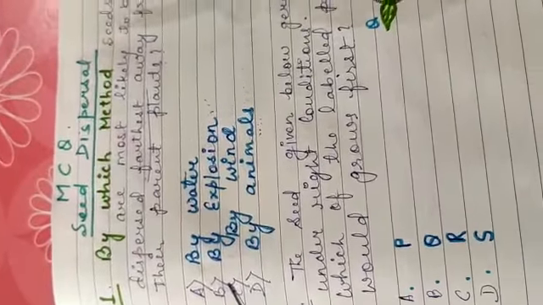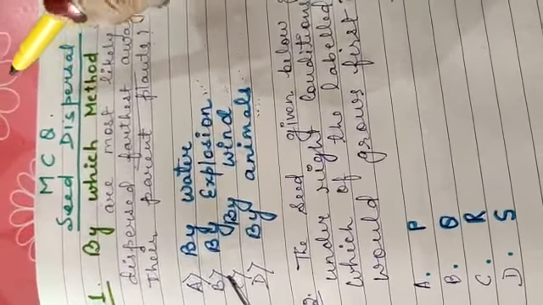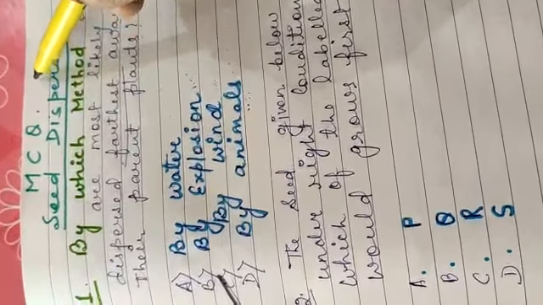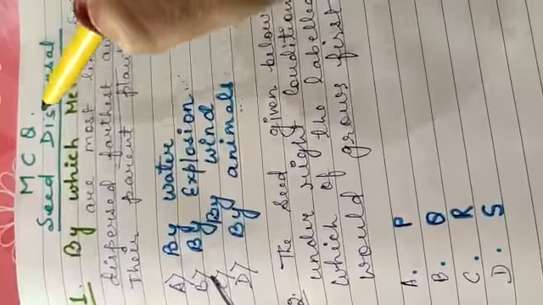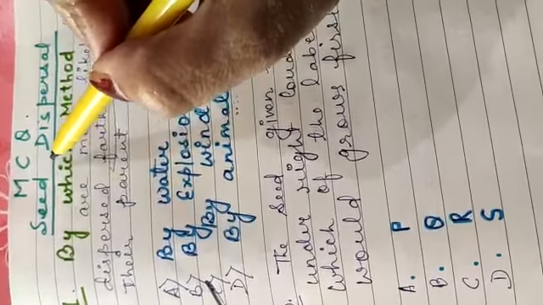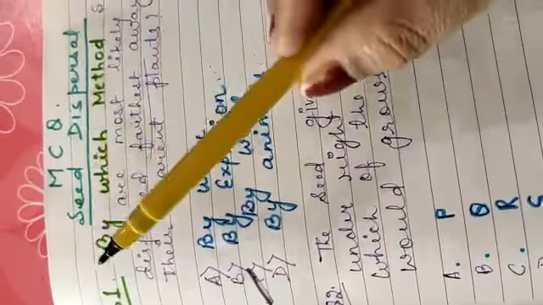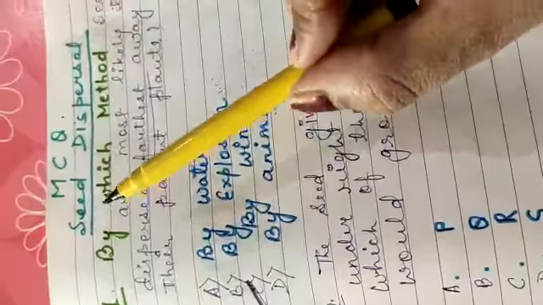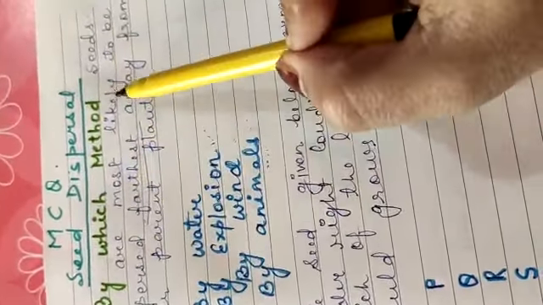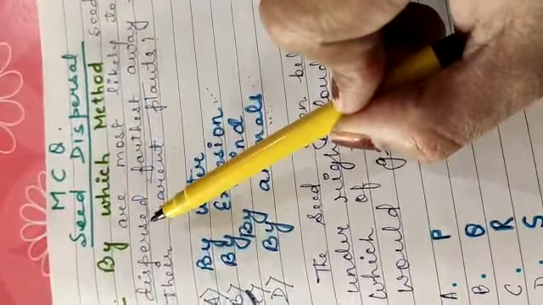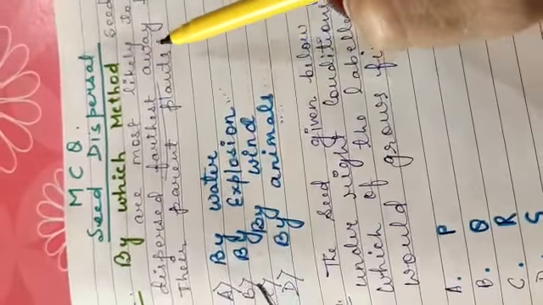At last, let us look at a few MCQs related to the topic you have recently studied, seed dispersal. The first question: by which method are seeds most likely to be dispersed farthest away from their parent plants?